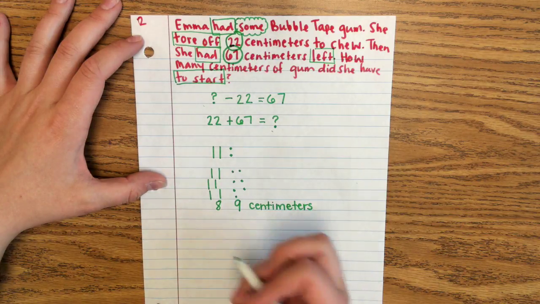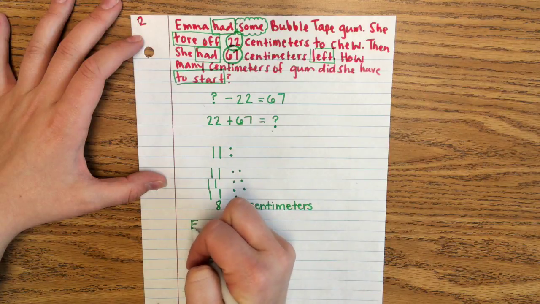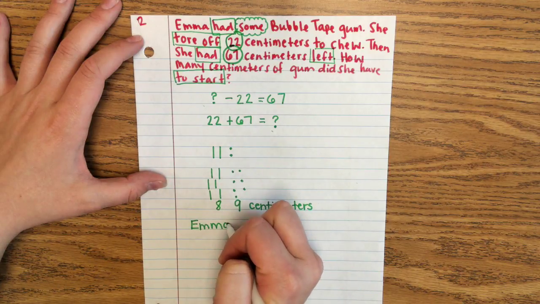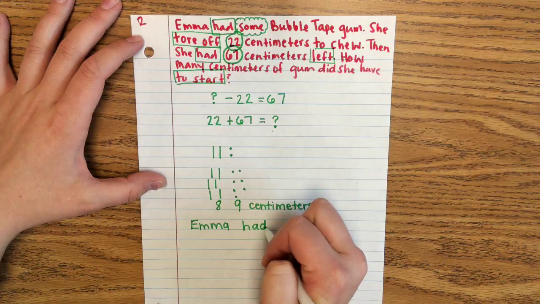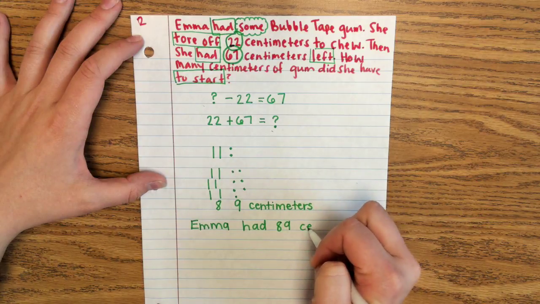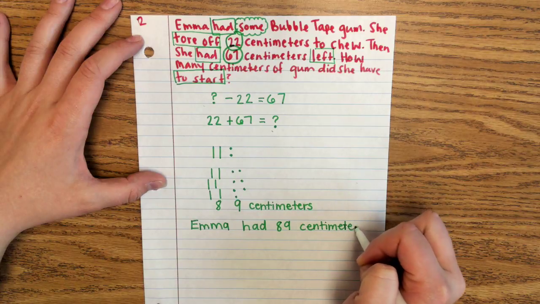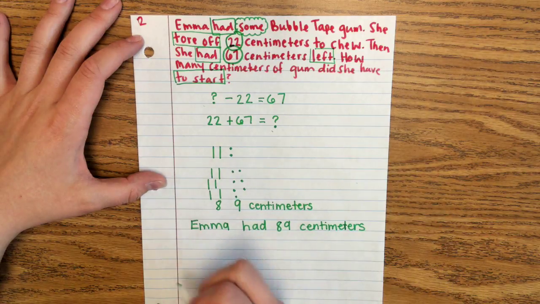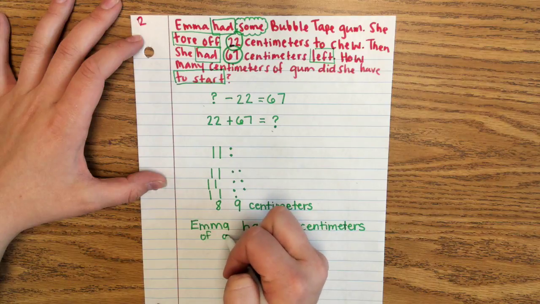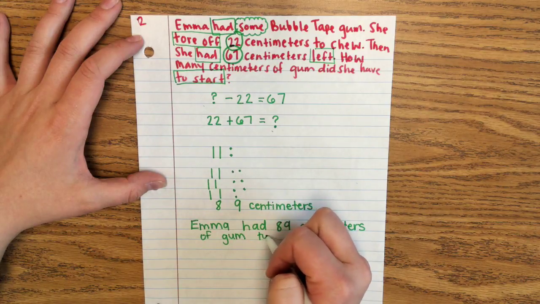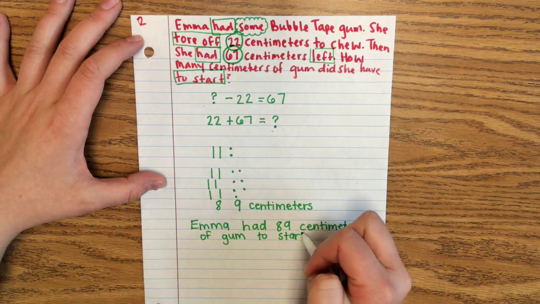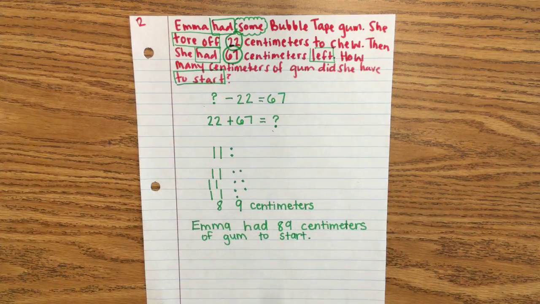So I need to say that Emma had 89 centimeters of gum to start. And that's how I would solve that start unknown word problem.